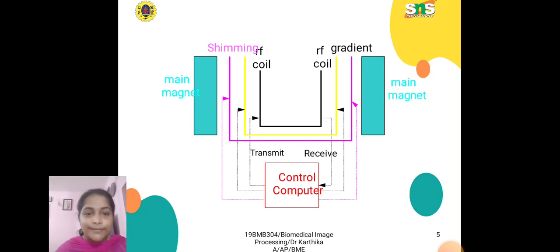See here, it describes how the magnets and coils are present in the scanner. We have the main magnet on both sides, and we have RF coils, gradient and shimming coils. We have a control computer, which controls the transmit and receive operations.